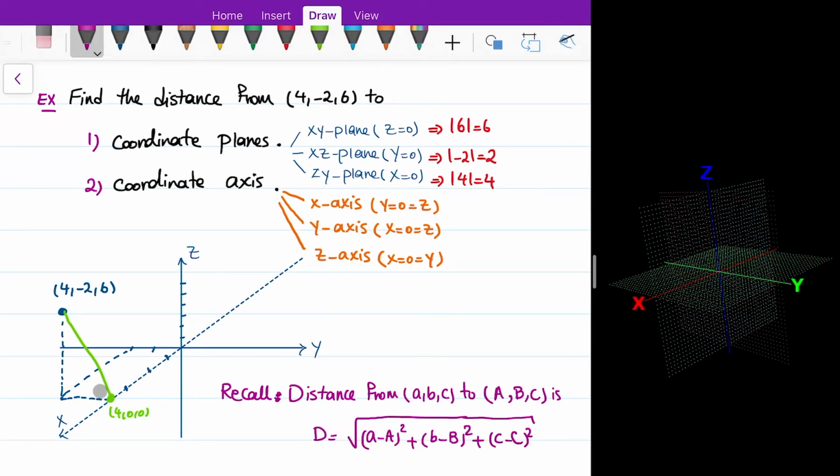Okay, now I would like to find the distance between these 2 points.